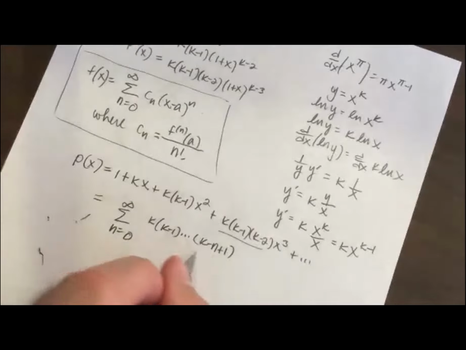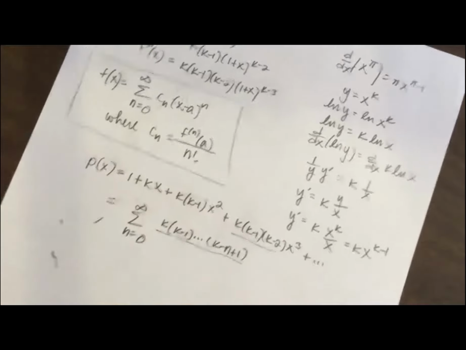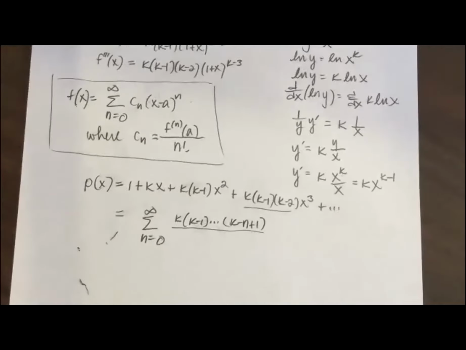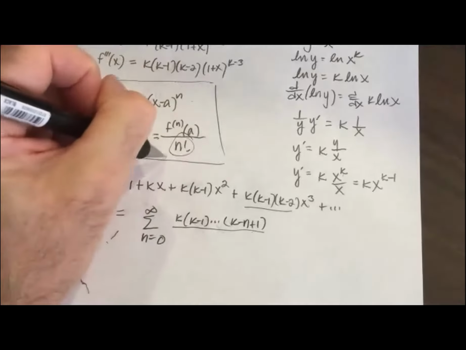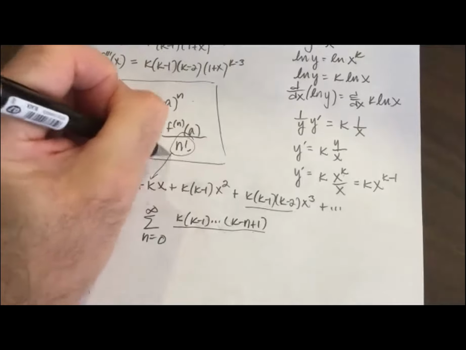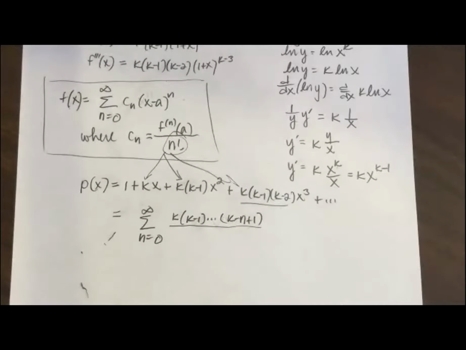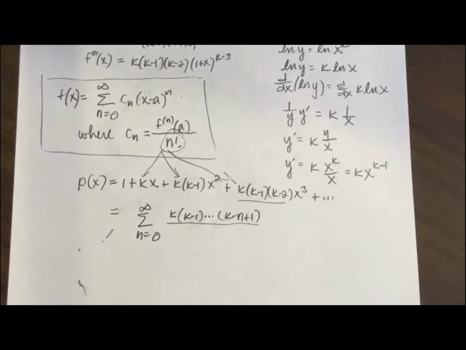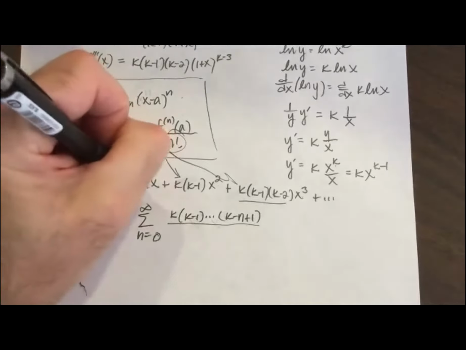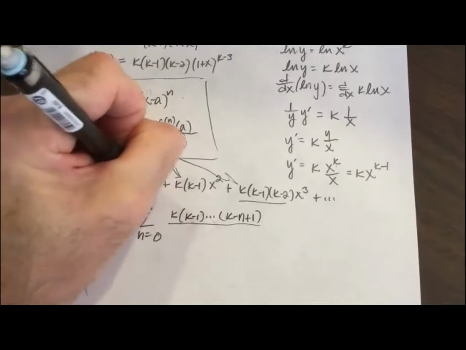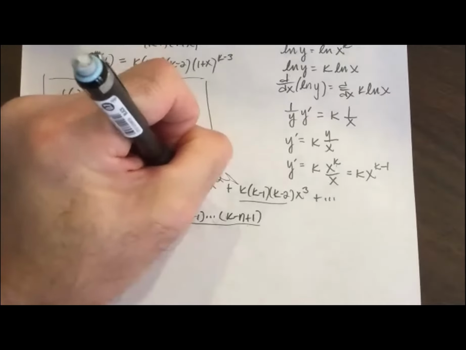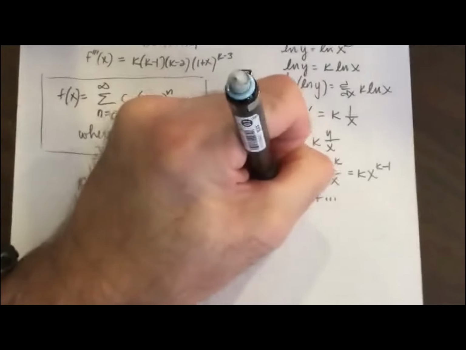And what's in the denominator? Oops, what is in the denominator? You guys said I went too fast. Here they are right here. They belong underneath here, don't they? So I forgot to write them. So I suppose we better get back in there and write them. What's underneath this one? 0 factorial, 1 factorial, 2 factorial, 3 factorial.